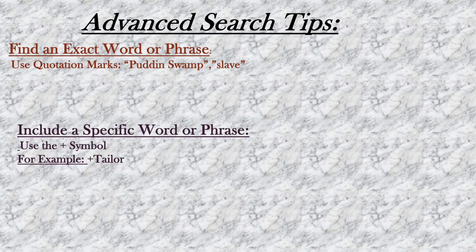So we typed that in, and we found out some very interesting information. Not always what we were looking for. And then, after we found out so many cool things, we decided to use this tip. Include a specific word or phrase. Use the plus symbol. For example, plus Taylor. After looking over some of the records we found with the first tip, we found a gold mine. And we found that my friend's second great-grandfather, Sidney, had his wife also in some records, and her name was Emmeline.